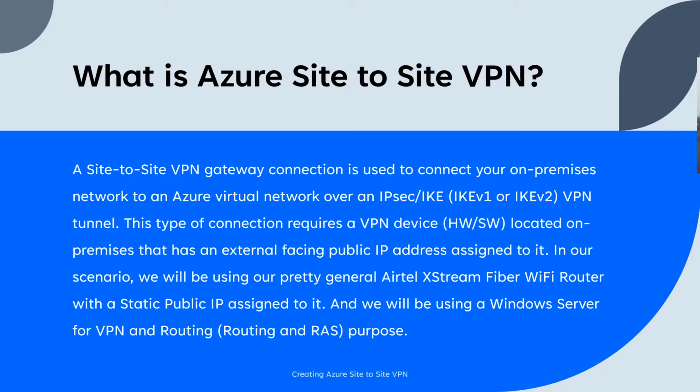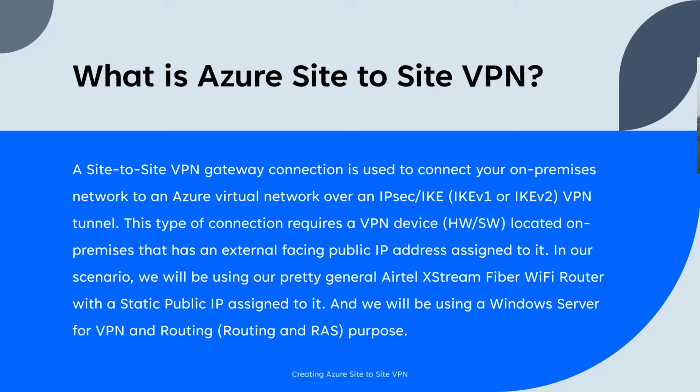Why is a static IP required? Because you will be defining this static IP in the local network gateway when you create the site-to-site VPN connection. The local network gateway is a very much required component, wherein you define the static public IP of your Wi-Fi router device.